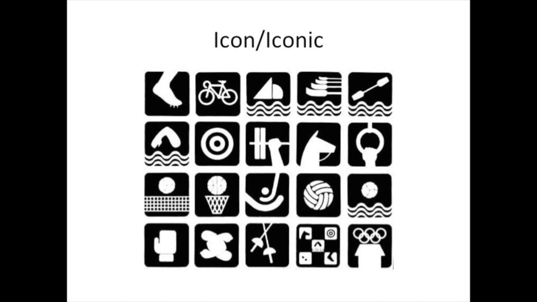We've got swimming, we've got targeting, we've got lifting weights and horses and gymnastics and volleyball and basketball and field hockey and soccer and water polo and boxing and I couldn't tell you, wrestling, fencing, and then one that's on multiple events, that's probably the pentathlon, and then it looks like maybe the Olympic Village. So the fact that I can know what those mean without having been taught what they mean is an indication that they are icons. They resemble what they are representing.